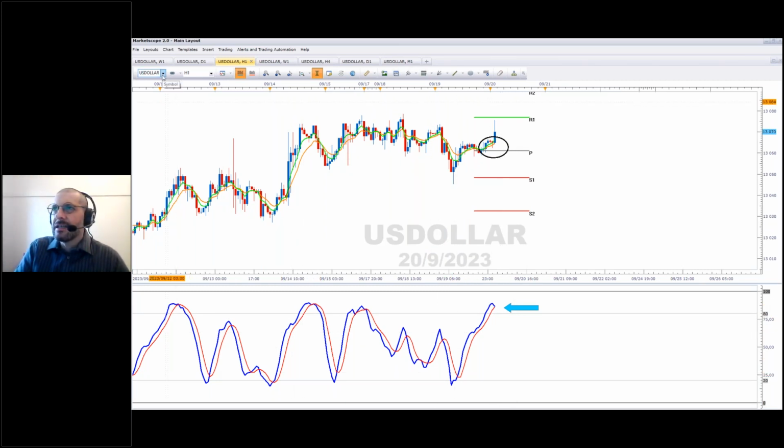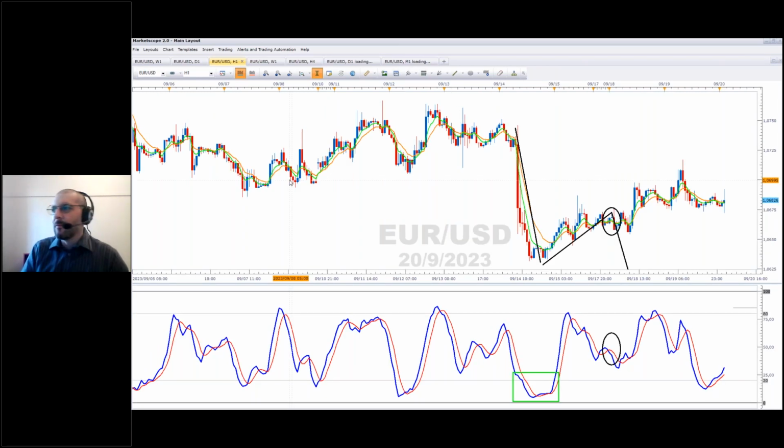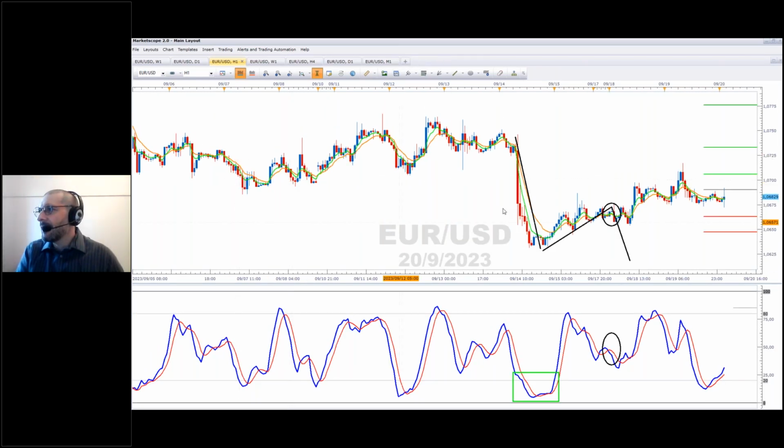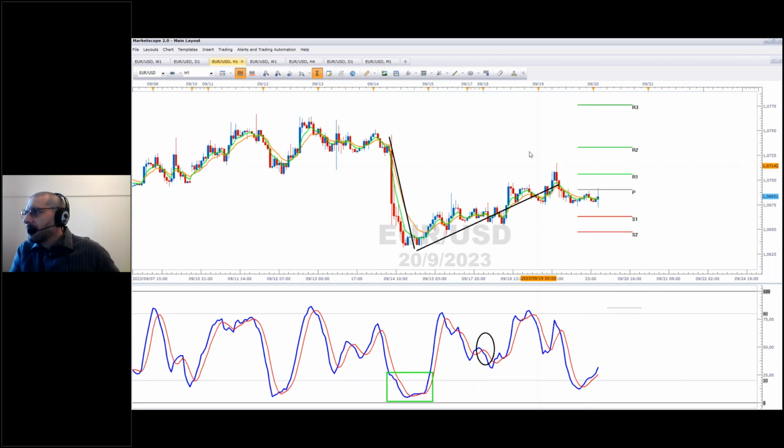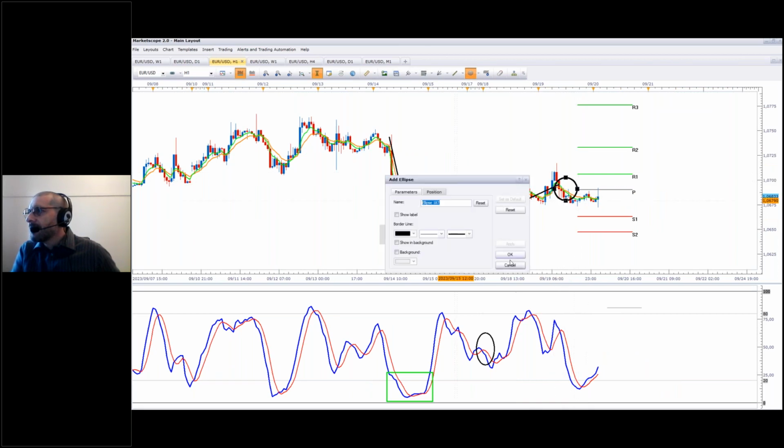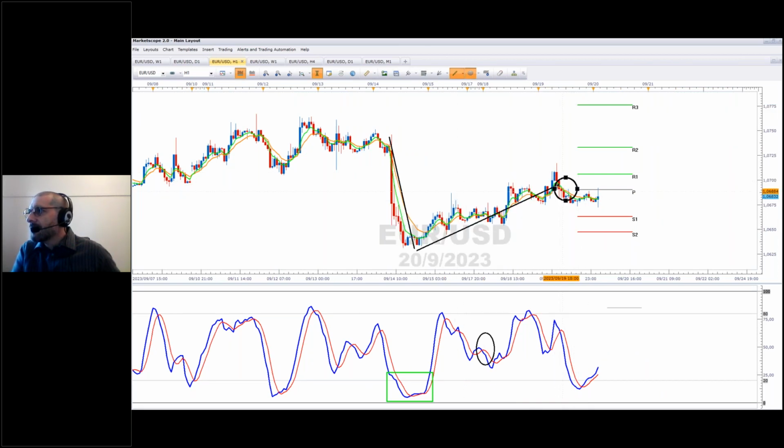Let's have a quick look at the euro just to see if that's matched with opposite signals. All right, let's move this here. Okay, and you've got the crossover there. So this is where the impulse seems to be.